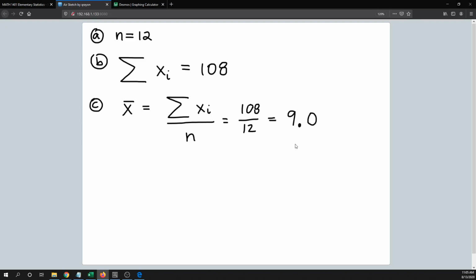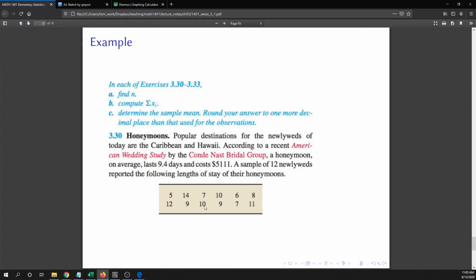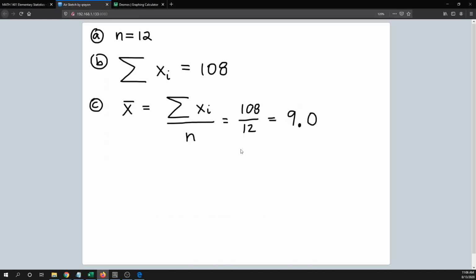Since our observations were whole numbers, with 0 decimal places, we would express the answer with 1 decimal place. On a lot of the quizzes and tests, they'll ask you to round to a certain decimal place on the answers.